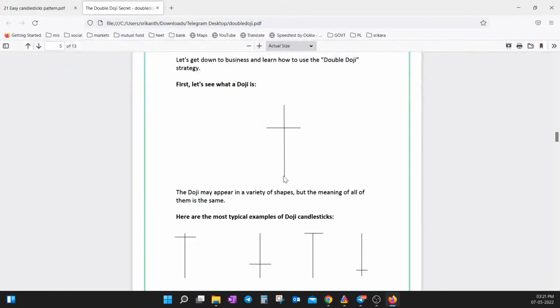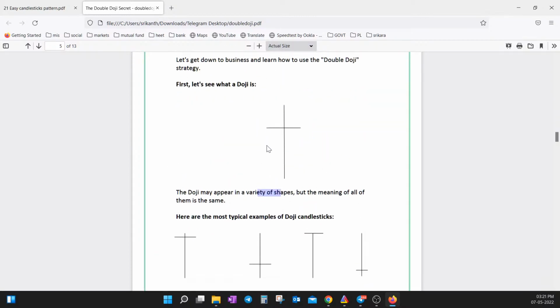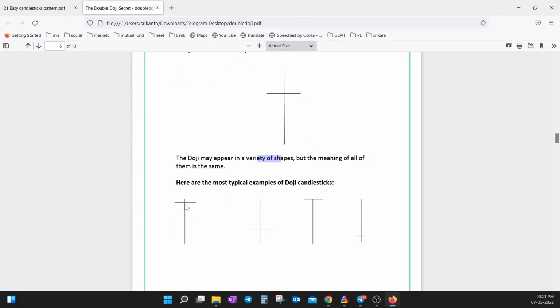So what is a doji? The doji may appear in a variety of shapes, but the meaning of all of them is the same. This is a typical doji, the basic default doji, wherein the derived dojis are these.